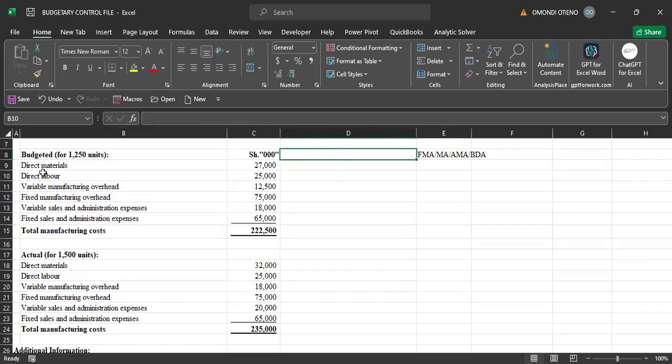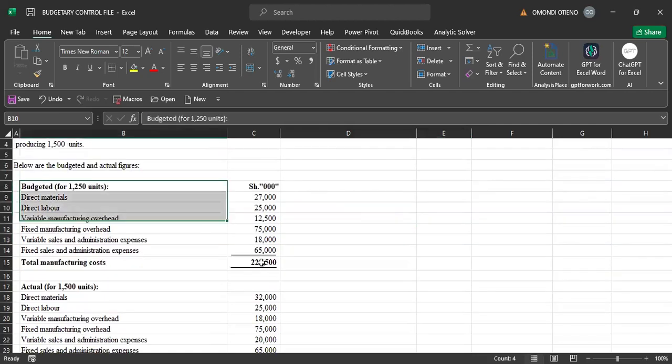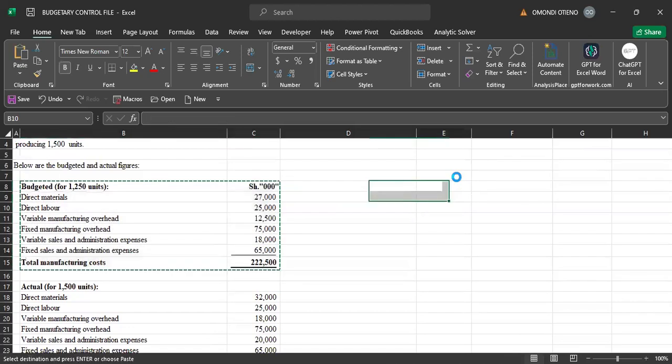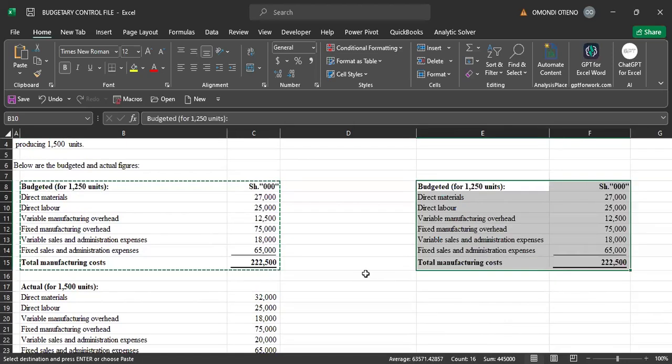So for us to be able to come up with a flexed budget, number one, we need to identify what we call the flexing ratio. So let's see, how will you be able to come up with a flexing ratio? We can do our workings here. Let's just adjust it. Good.